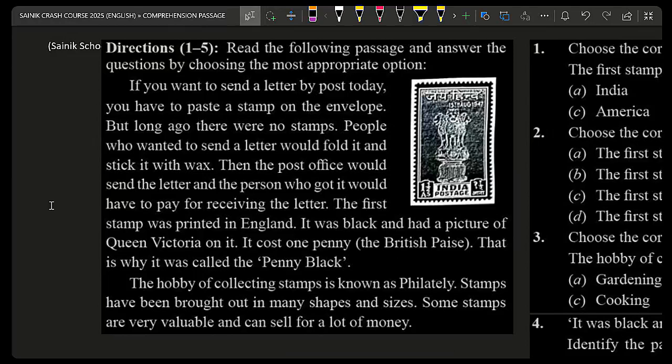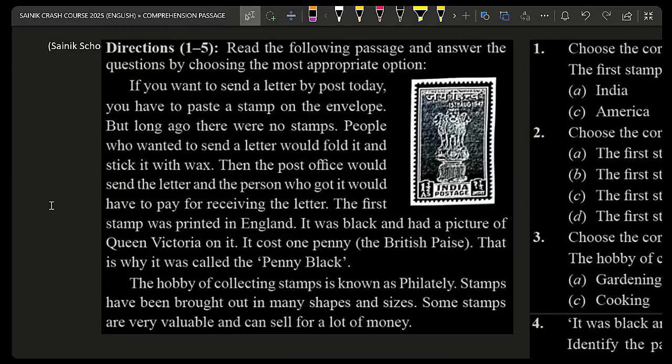Then the post office would send the letter, and the person who got it would have to pay for receiving the letter. The first stamp was printed in England.